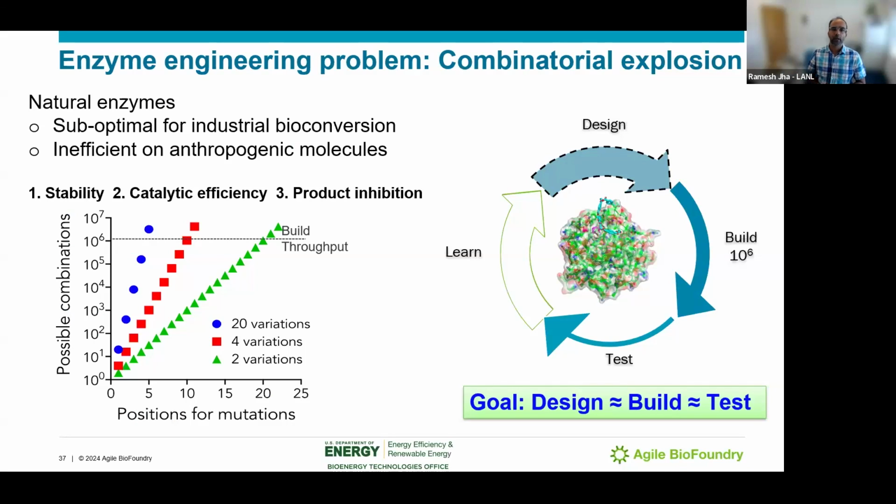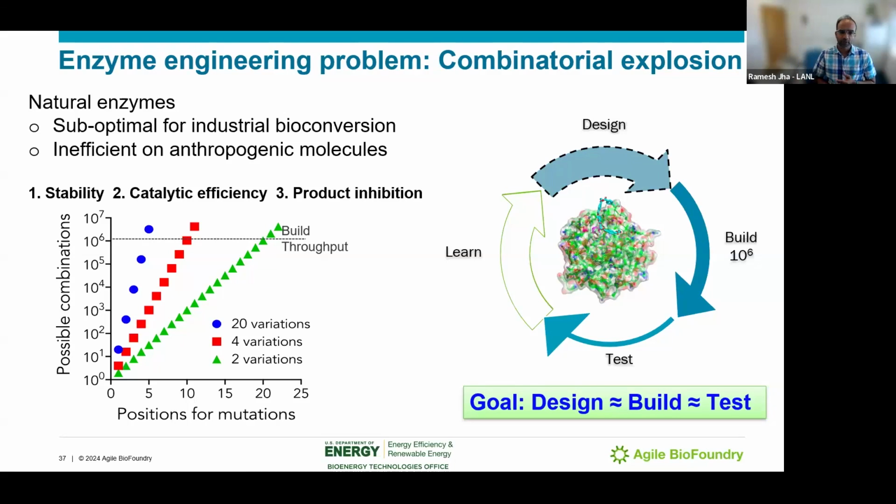So, the enzyme engineering problem. There is a huge combinatorial explosion as soon as you start to engineer any enzyme. Natural enzymes are suboptimal for industrial bioconversion and definitely inefficient on anthropogenic molecules, and many times we would like to improve their stability, catalytic efficiency, or reduce the product inhibition.